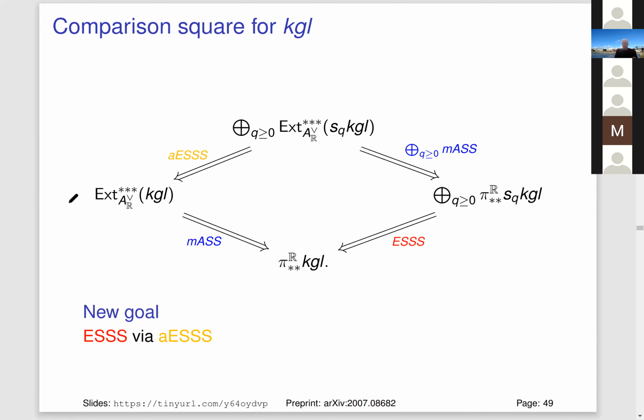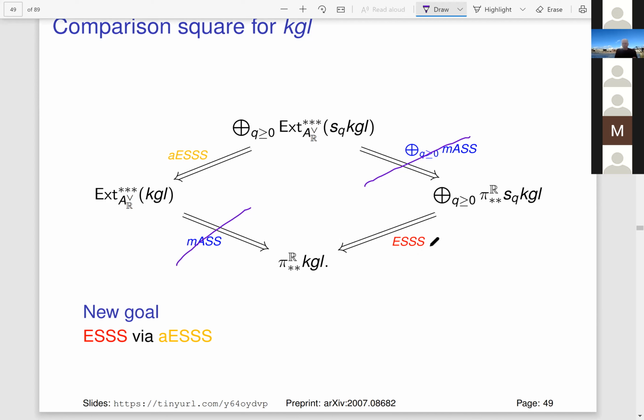Okay, so Hill has told us that this collapses and this collapses. So to understand what happens in the effective slice spectral sequence, I really just have to understand what happens in the algebraic effective slice spectral sequence. So this is the important thing: we've reduced our homotopical problem over here to a problem in Ext.